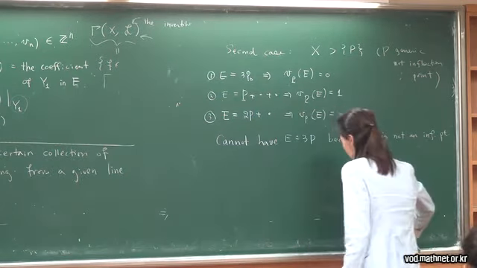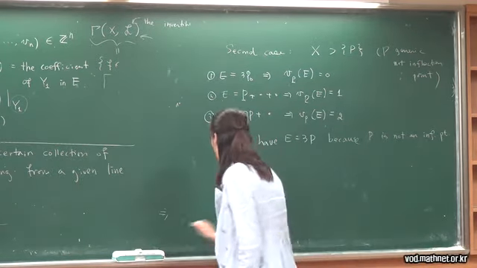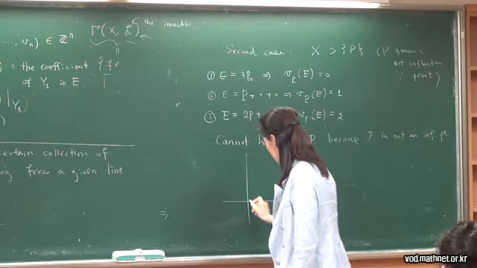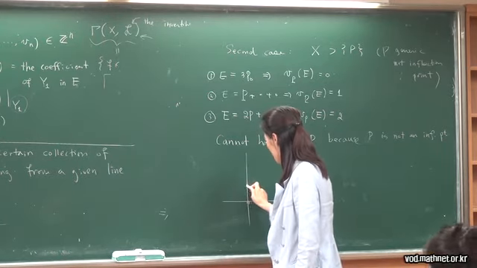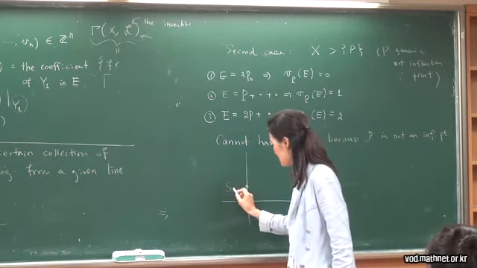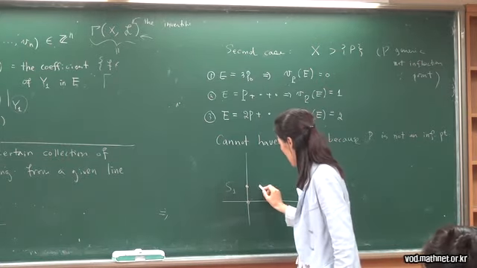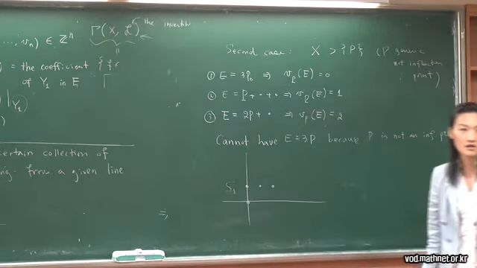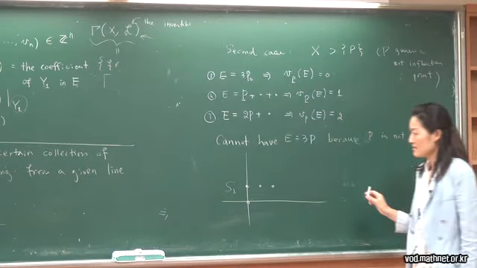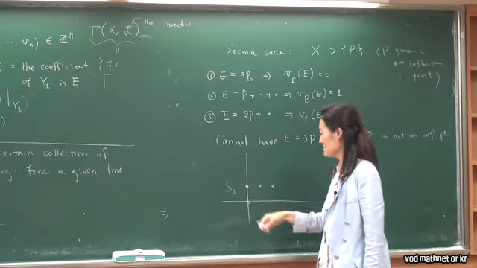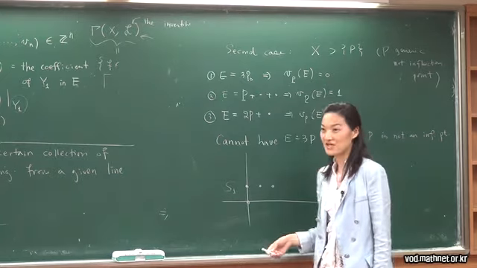So from this, we know the first level of the semigroup. Say that's S1, so it's 0, 1, 2. Before going into the second level, that actually requires curve theory.